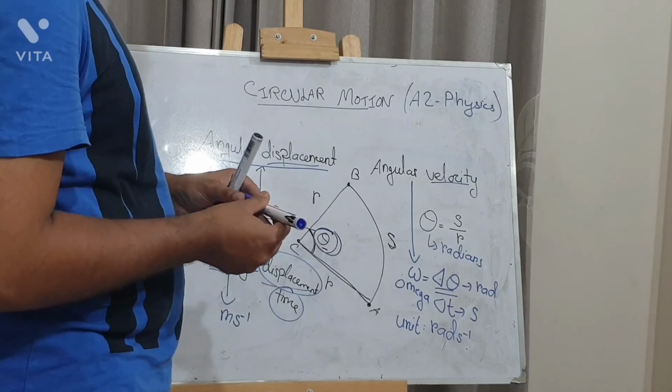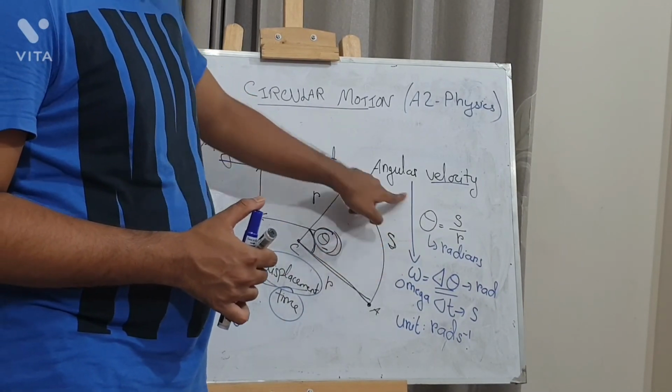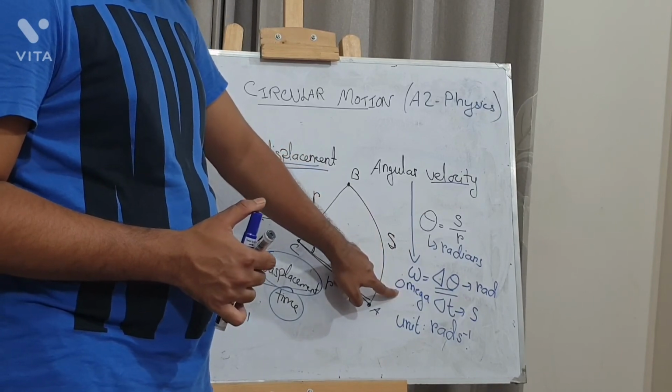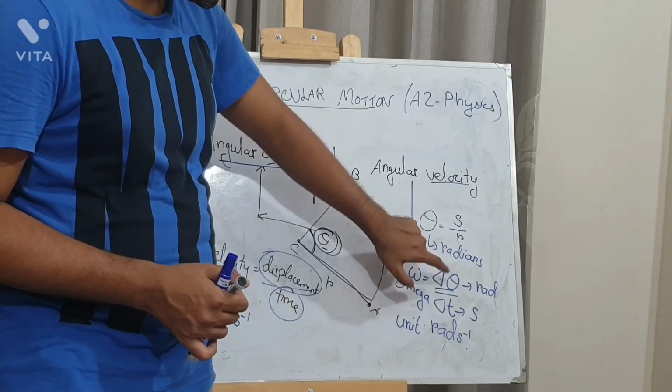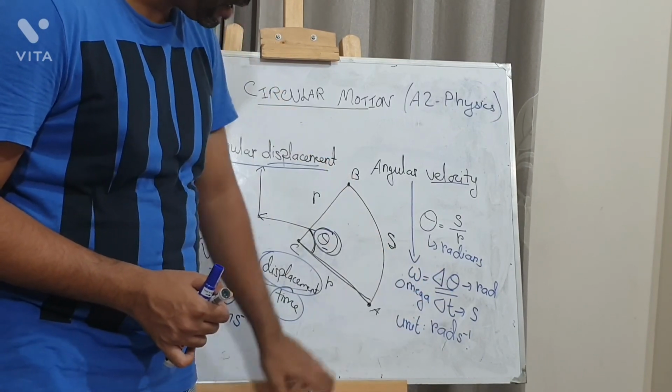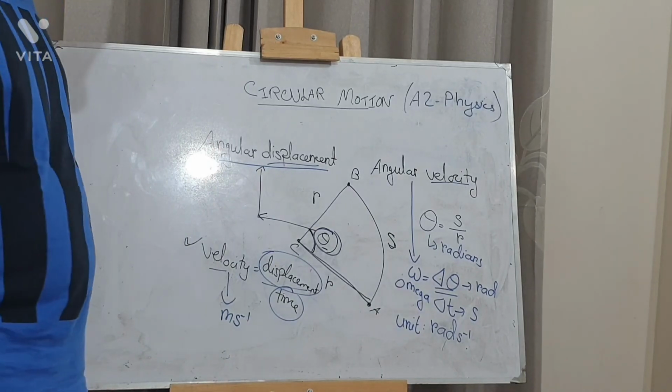Then using that value for the angular displacement, we can find the angular velocity, which is written as omega and is found using the rate of change of angular displacement. So angular displacement divided by time, and the unit for this one is radians per second.